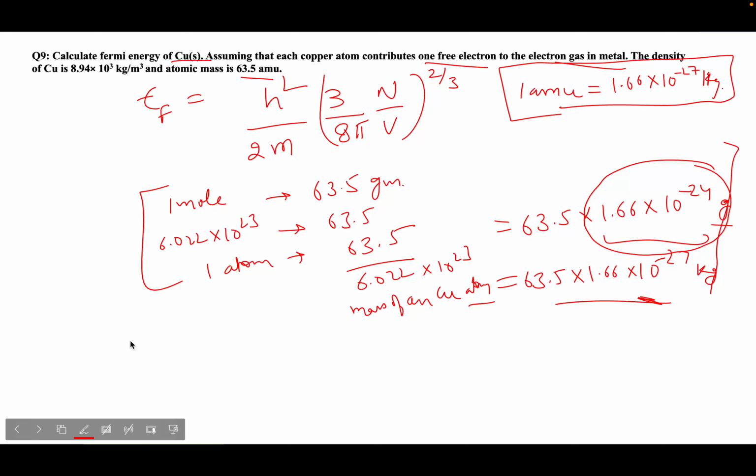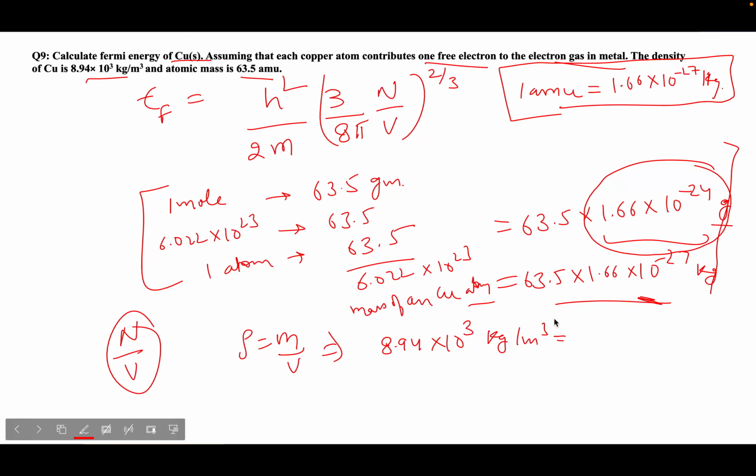Okay, so we need to calculate this N by V actually, and we have density. This is number density, but we have mass density. This is rho, mass upon volume, that is equal to 8.94 into 10 to the power 3 kg per meter cube.